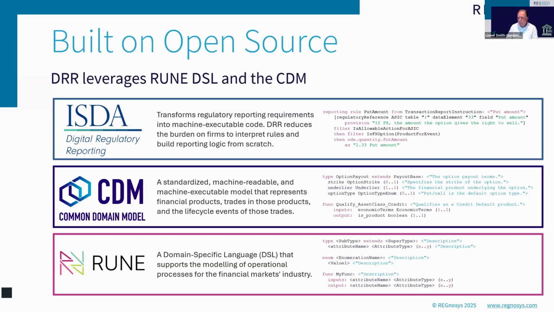Likewise, the CDM was sponsored in its early days by ISDA and built on their behalf by Regnosys and a number of other key contributors, and is also now FINOS aligned and open source. And DRR is built on both of those and is still owned by ISDA, but has an open access policy, which means you can get access with ISDA's permission.